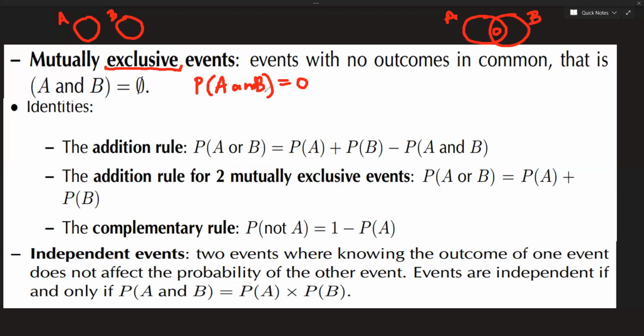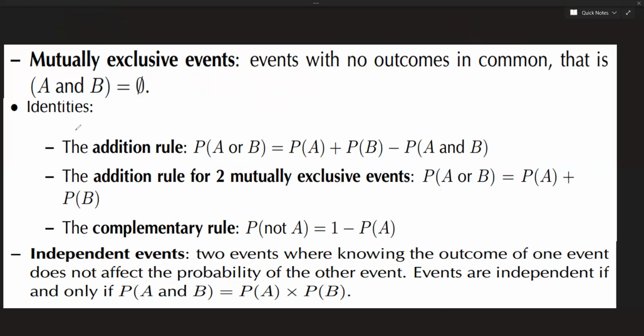If it's not 0, they are not mutually exclusive. And sometimes they'll tell you that the given events are mutually exclusive. Basically, they would have given you this identity, that the probability of A and B is going to be 0. Perfect. And that's it about mutually exclusive.